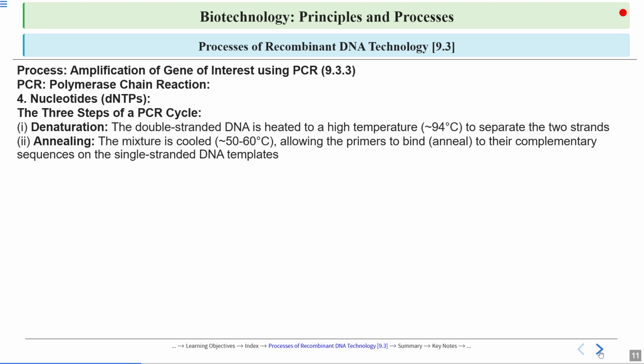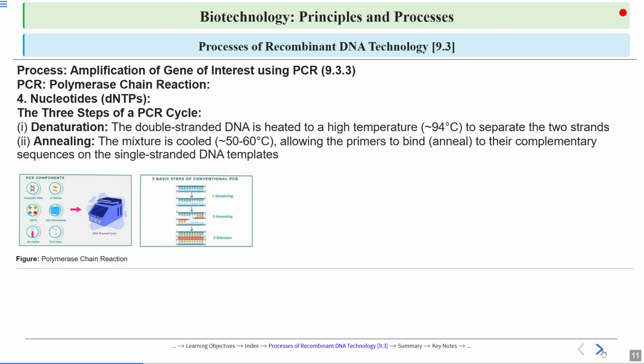Another name for bind is anneal, that's why it is called annealing. They bind to their complementary sequence on the single stranded DNA templates that we got after the denaturation step. It is very easy to learn the names of these steps of PCR, because the name itself defines the procedure going on in that step. So these are the first 2 steps.